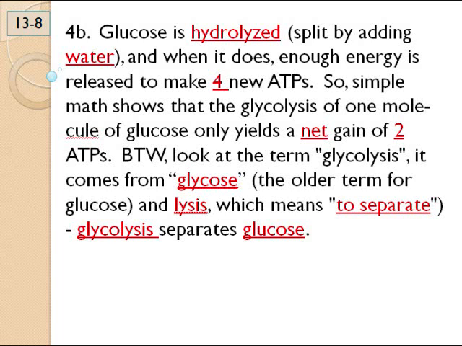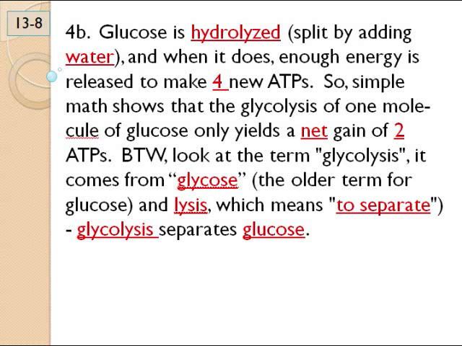And by the way, glycolysis, this glycose was what we used to call glucose. That is the old school name for glucose. This is how we got that word. And lysis, as you know, means to split.